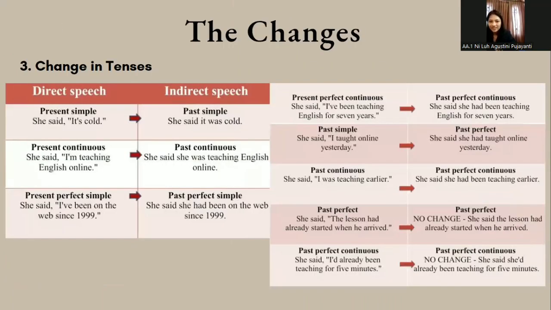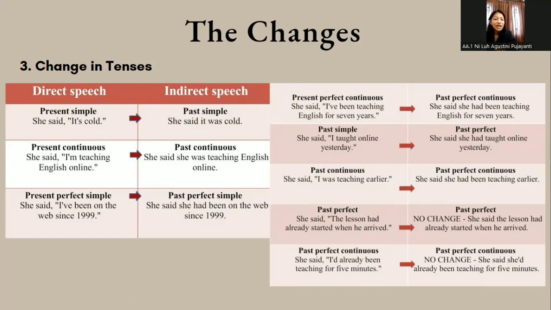Change in tenses. In the side column, you can see some changes in tenses from direct to indirect speech, as well as example sentences. So let's discuss one by one. Present simple into past simple in indirect speech.